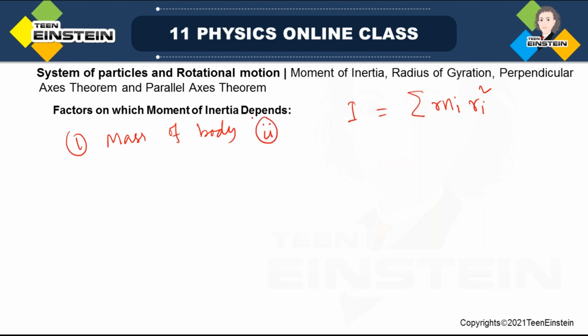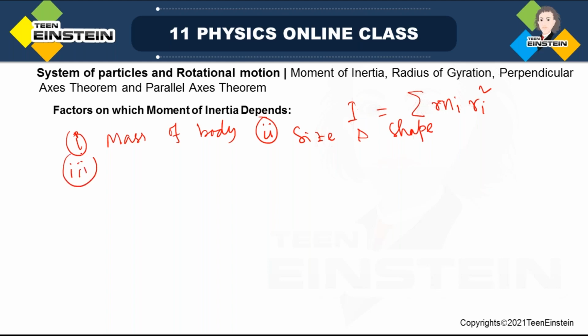The second factor is the distance, or size and shape. Depending on this we can write whether it is summation or integration.